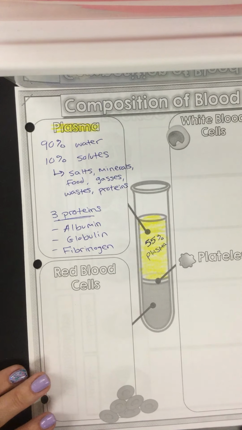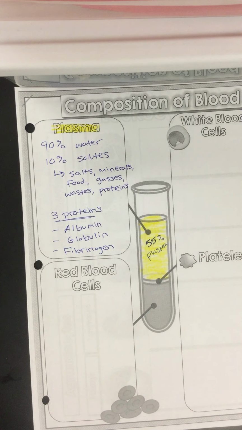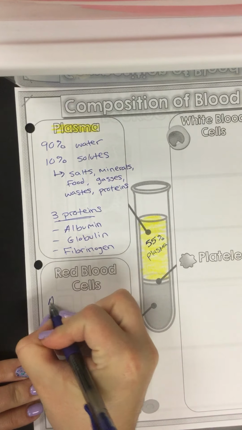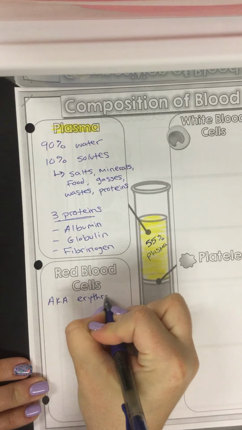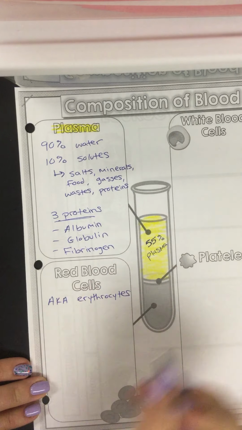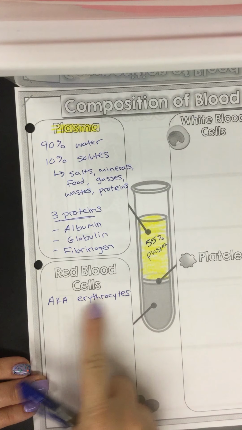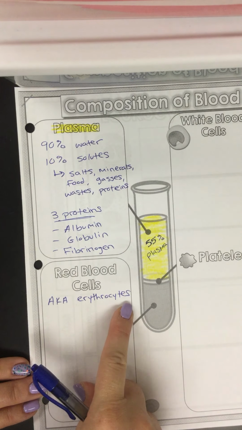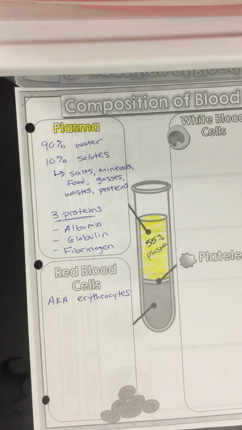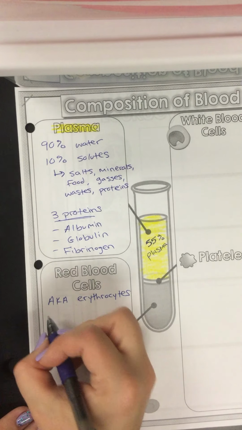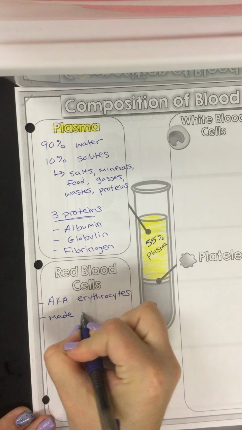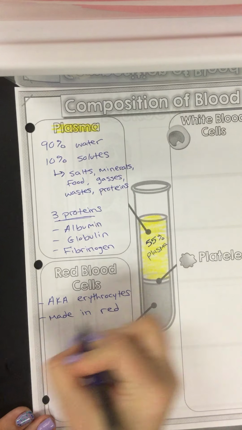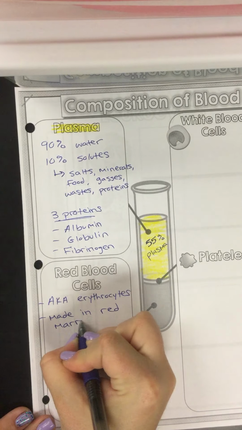The red blood cells. Their fancy science name: erythrocytes, which literally means red cell. Erythro is red, cell, so red cell. These guys are made in your red bone marrow.